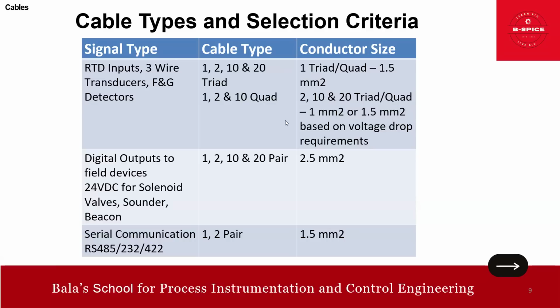Just remember that. Then digital output field devices, 24-volt DC for solenoid valve, sounder beacon, 1, 2, 10 and 20 pair we can use, and of course the conductor size is 2.5 mm square. Then serial communication, RS485, 232, 422, that is 1 pair or 2 pair and 1.5 mm square.